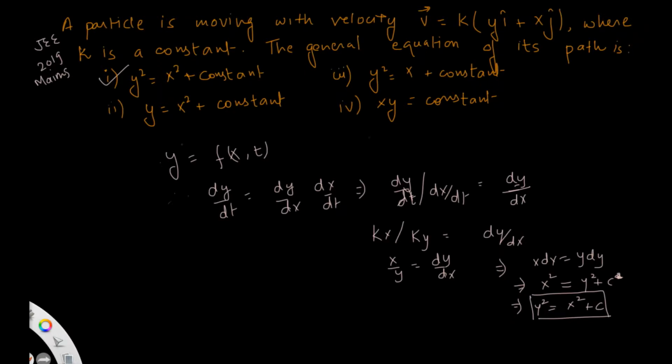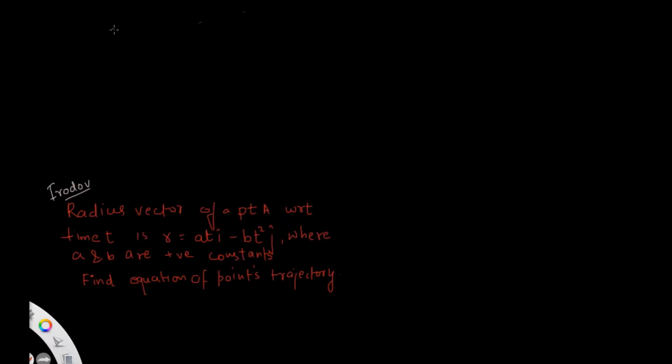Now next we will take up our Irodov question, in which we were given only the displacement vector. For this question we have the position vector at i cap minus bt j cap. So we have the x component and the y component. But for finding the trajectory, our main aim is to find y as a function of x.